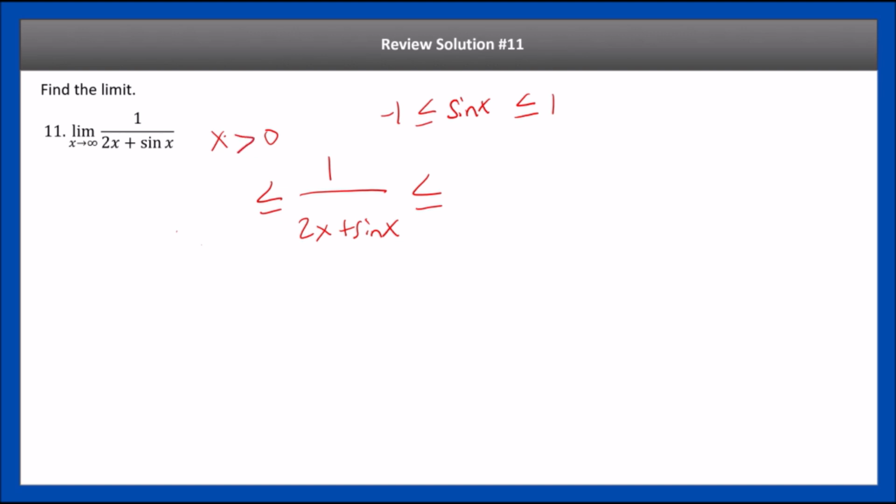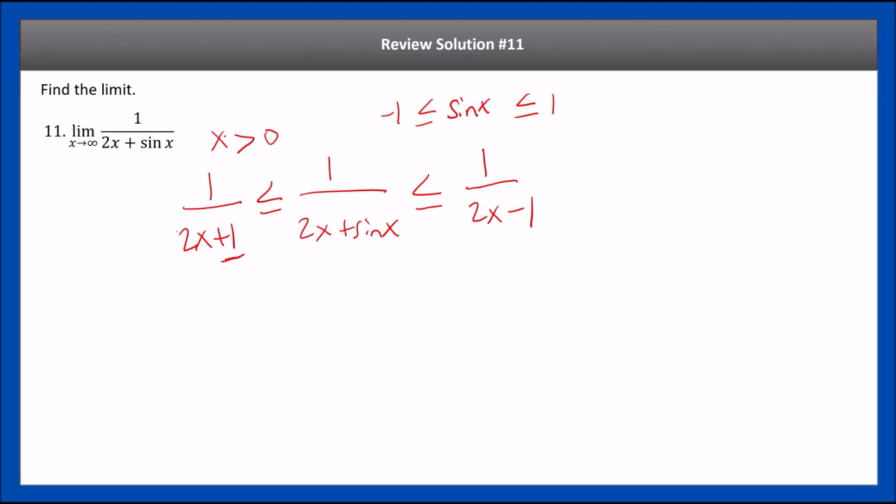So we're going to say x is strictly greater than 0. X can't be 0 here because that's 1 over 0, which is undefined. So as long as x is positive, then this function has to be between 1 over 2x plus 1 and 1 over 2x minus 1. Okay? And if you think about it, that's because sine of x is between 1 and -1.